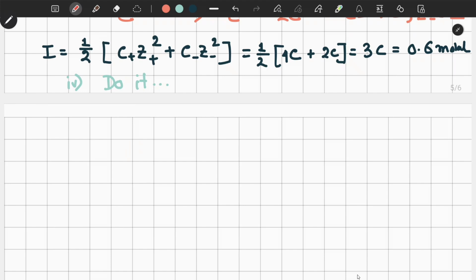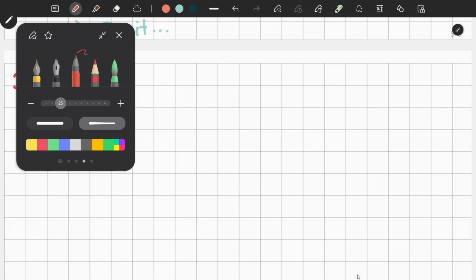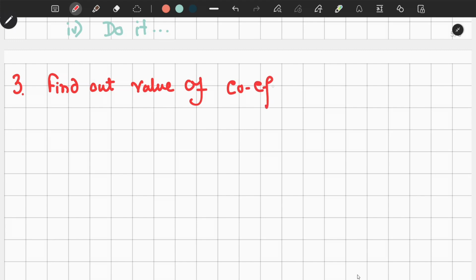Now in this question, we have to discuss the A and B coefficients. That is an important part. Question number 3: find out the value of coefficient A and coefficient B in the Debye limiting law.